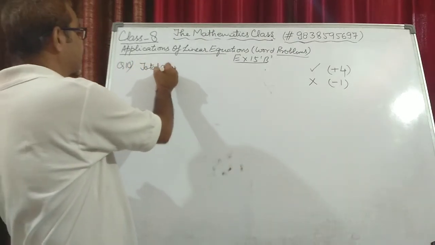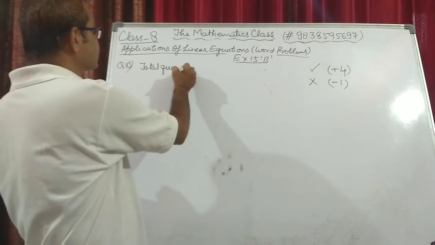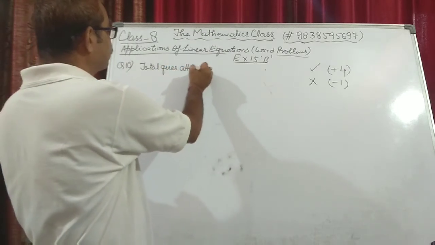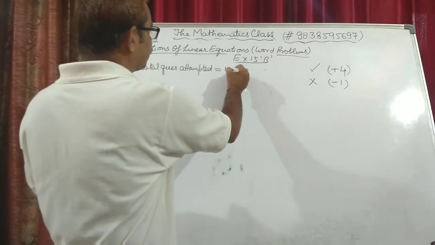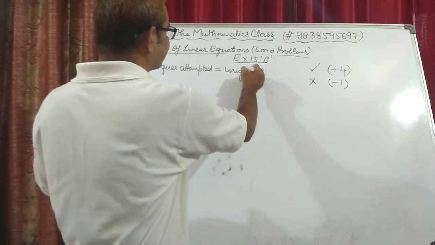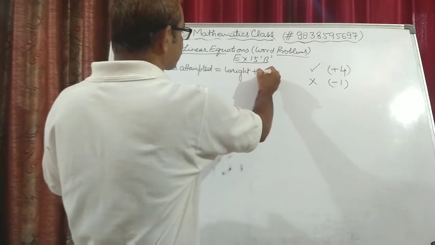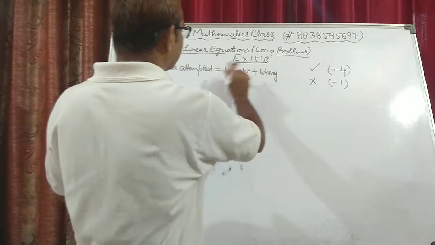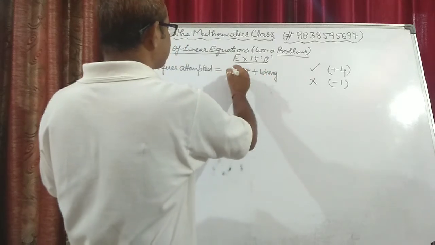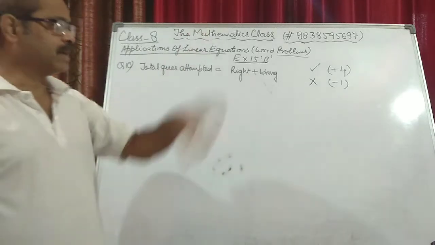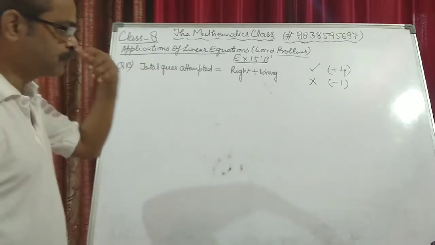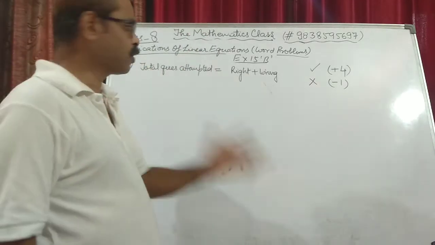Then they say he attempts 75 questions, means total questions attempted were equal to right plus wrong. Right answers plus wrong answers, means he attempted 75 questions in total, out of which few were right and few were wrong.